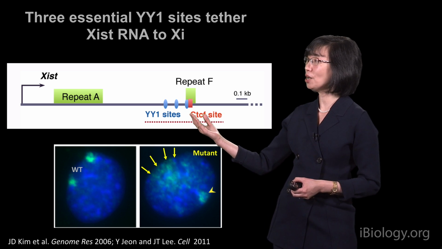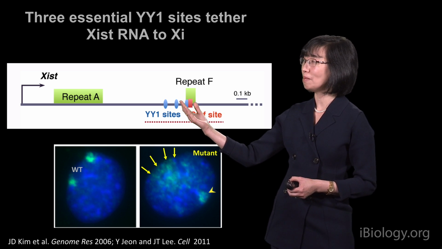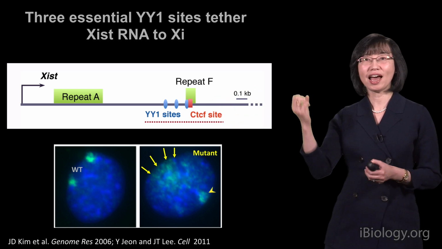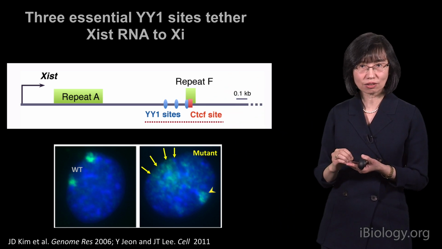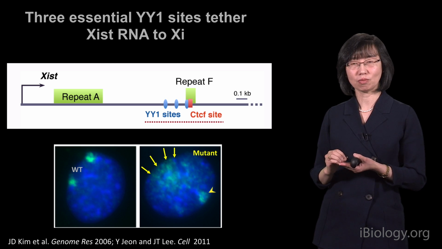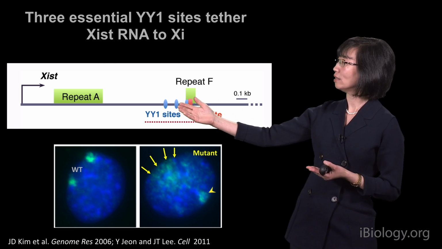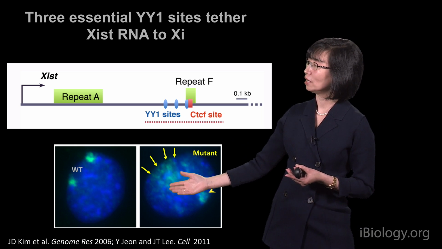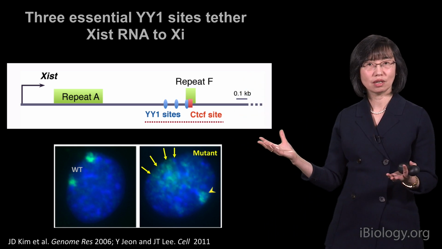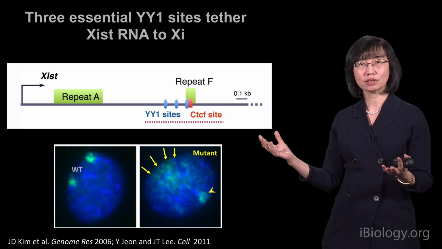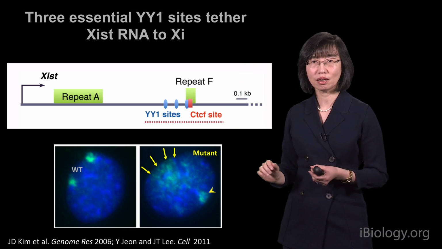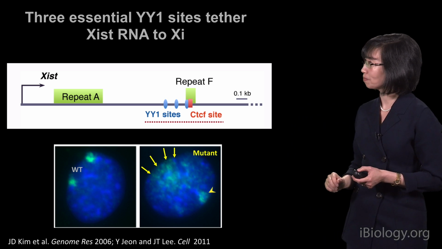And so what we showed is that YY1 protein binds to these 3 sites and serves as a tether for Xist RNA to anchor to the inactive X chromosome. And when we mutated these 3 YY1 binding sites, look what happens to Xist. It disperses across almost the entire nucleus. So the RNA detaches from the X chromosome and floats away into the nucleus.